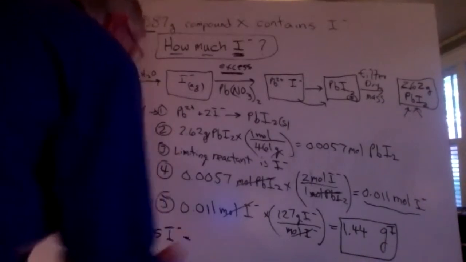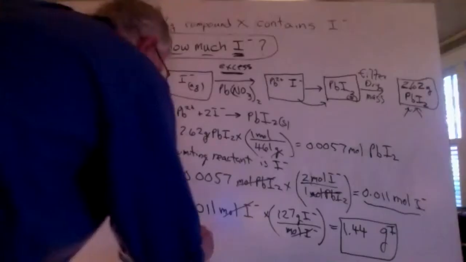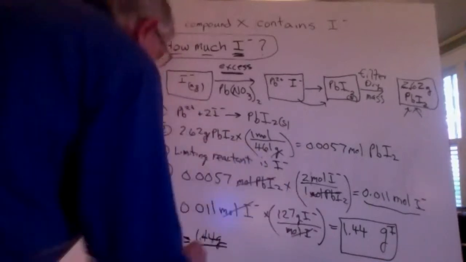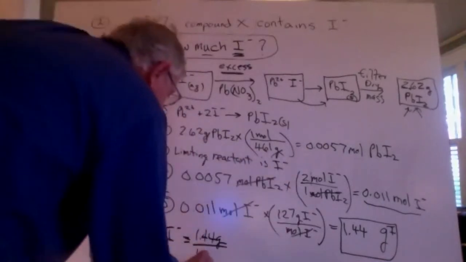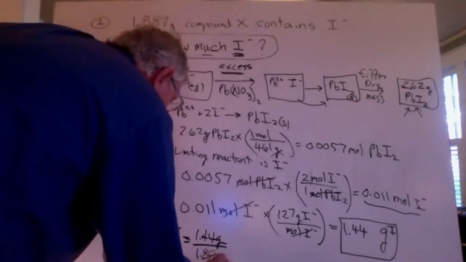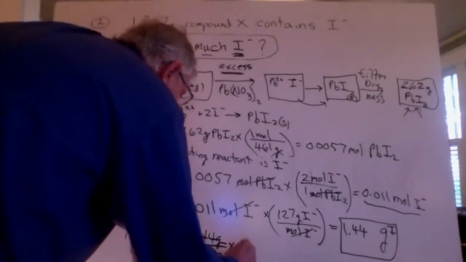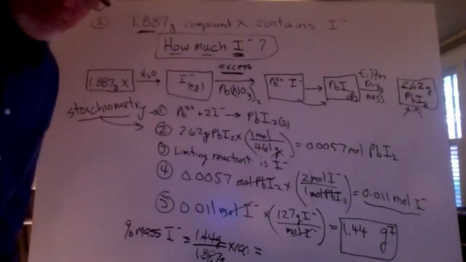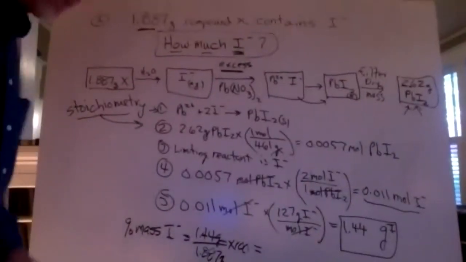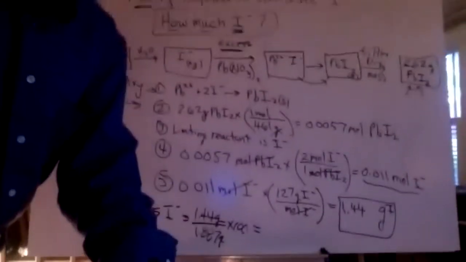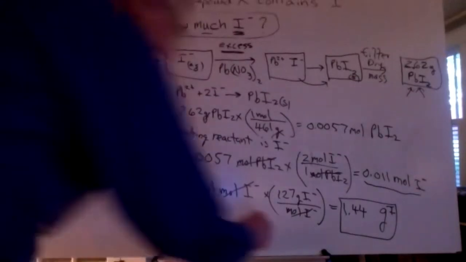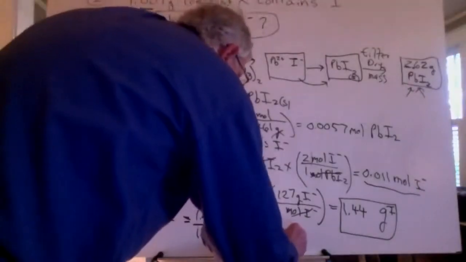You take your 1.44 grams of iodide ion in the sample, divide it by the total mass of compound X, and multiply by 100, and that gives you the percent mass of iodide ion in the sample, which is 77% iodide ion.